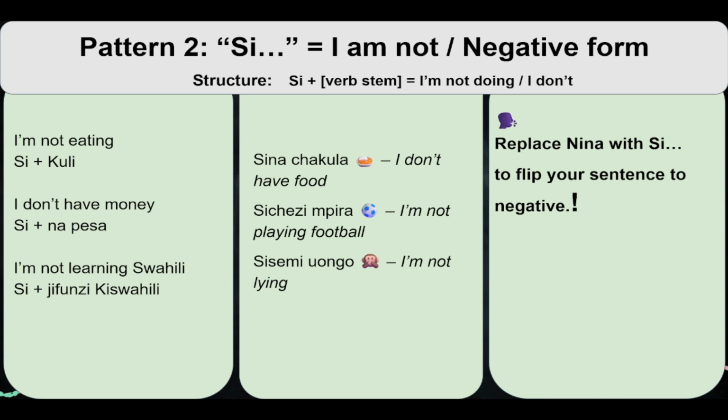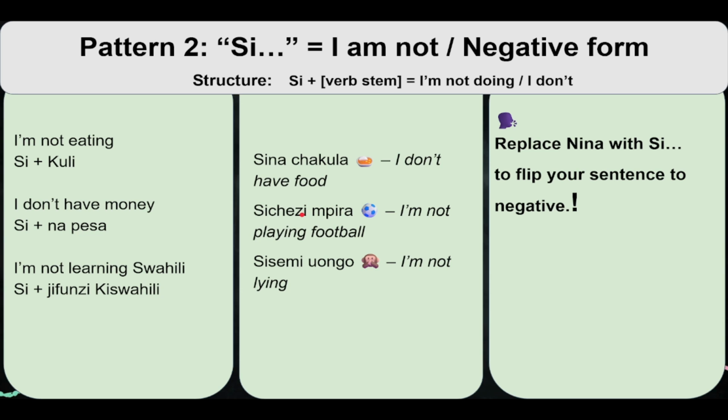Sina chakula. I don't have food. So how would you say, I'm not playing football? Si, remember, cheza is play. Cheza is the verb. So sichezi mpira. We will get to that later, but there's a way that si influences the verb so that the last part of it becomes i.